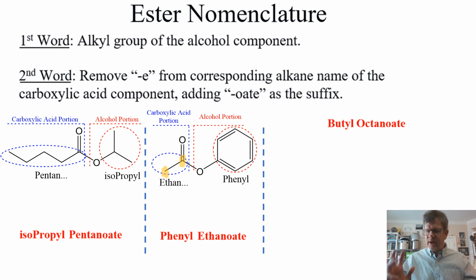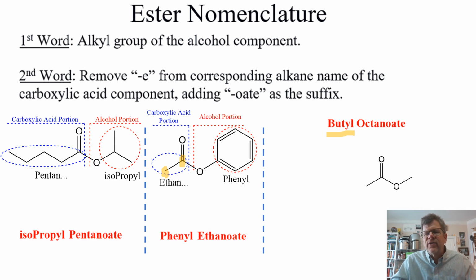Let's now go over on the right. Now we have a name, we need a structure. The name is butyl octanoate. Well, that's diagnostic nomenclature for an ester. So I am going to just draw an ester bow right there with 2 sticks coming out of it, and I'm going to be adding the correct number of carbons into there. On that alcohol component, it's going to be 4 carbons.